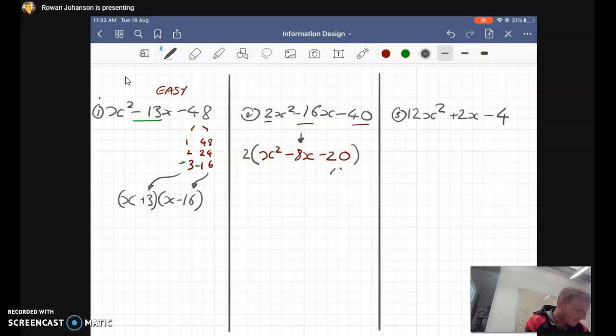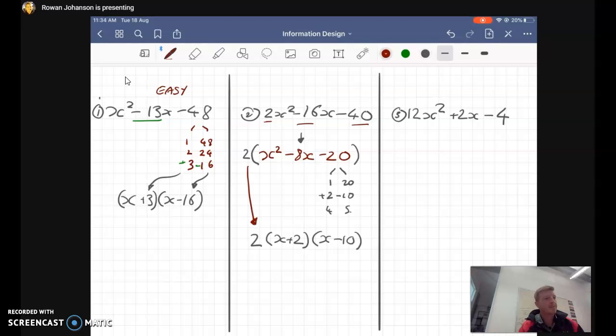Factors of 20 are 1, 20, 2 and 10, 4 and 5. I'm looking for a difference of 8 because it's negative 8x and negative 20. So I think it's going to be plus 2, minus 10. So that means I'm going to go x plus 2 and x minus 10. Those are my brackets. And don't forget to put that 2 outside.